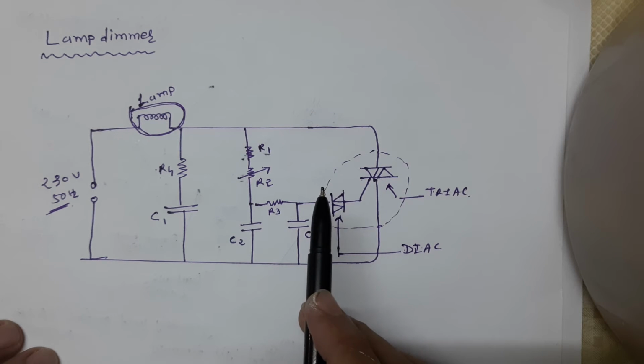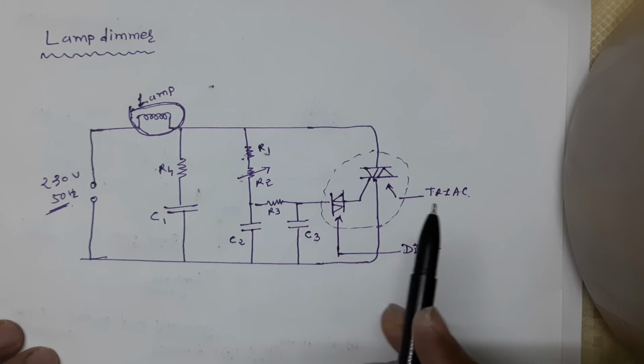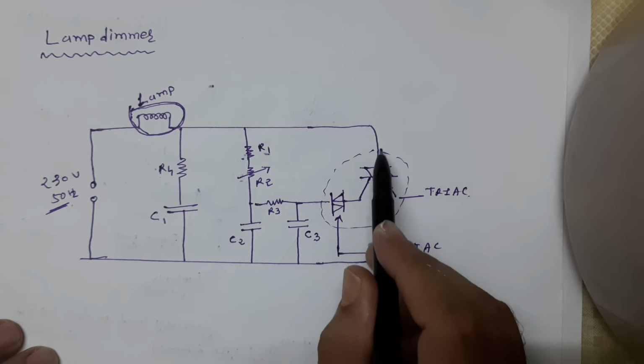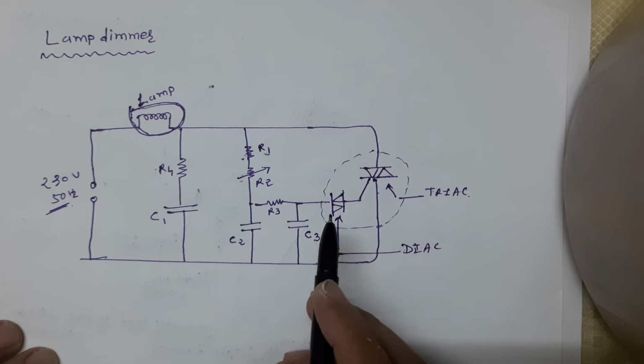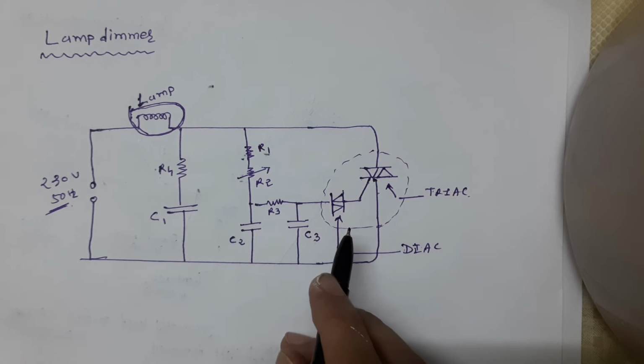This permits control of the light output from the lamp. The basic control is by the RC variable gate voltage arrangement. This is the gate, MT1, MT2. The series R4C1 circuit across the triac is designed to limit the rate of voltage rise across the device during the switch off.